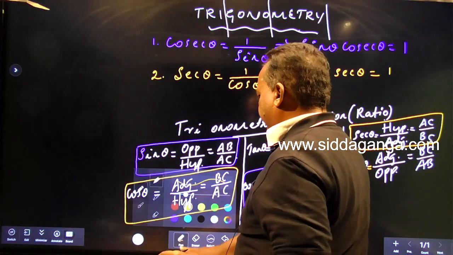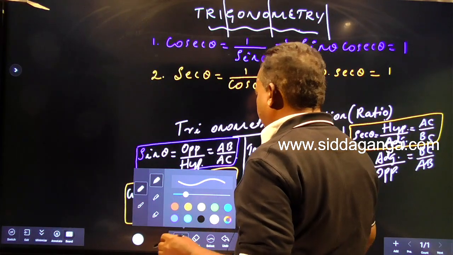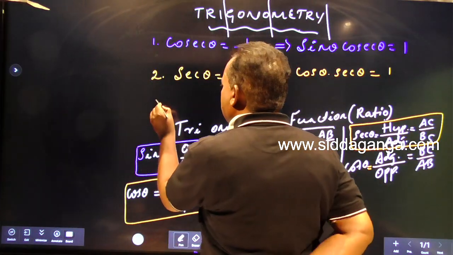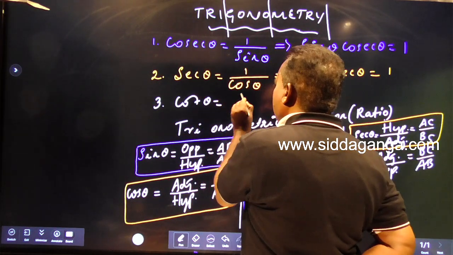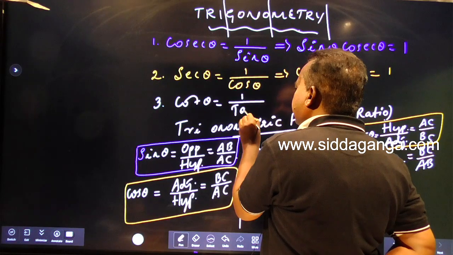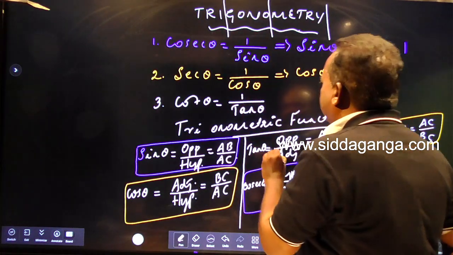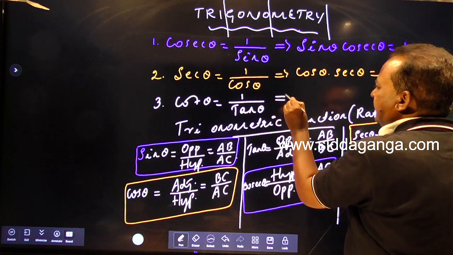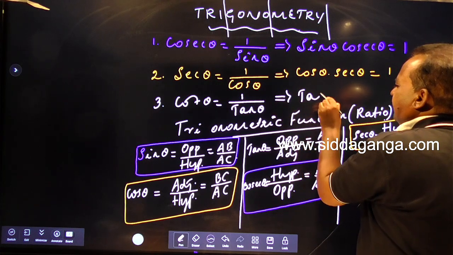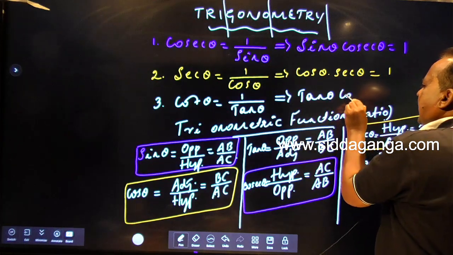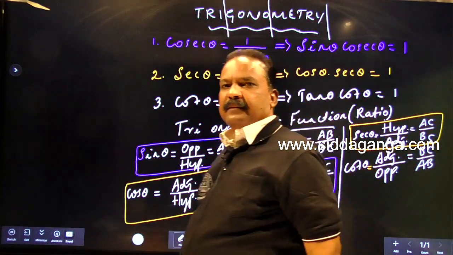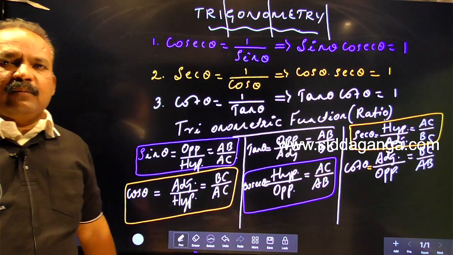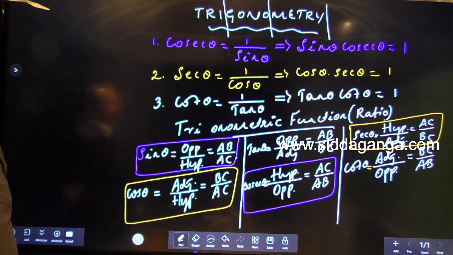So you can define the third one as cot theta is equal to 1 by tan theta or tan theta is equal to 1 by cot theta. The product of tan theta and cot theta is equal to 1. So this is one more set of reciprocal functions.